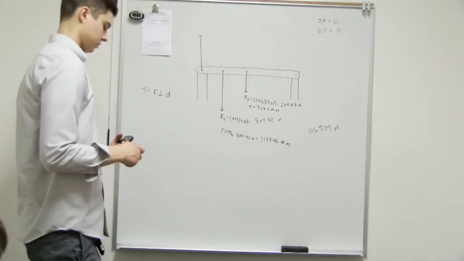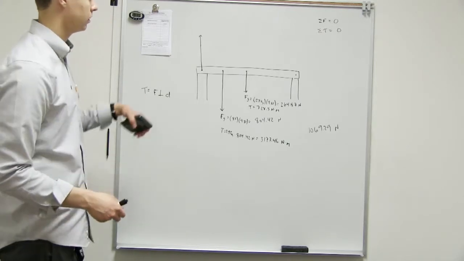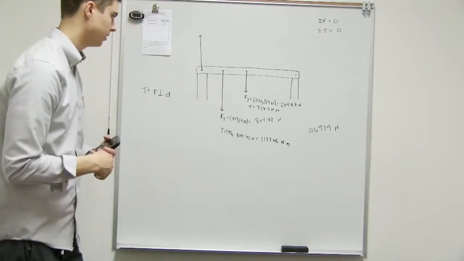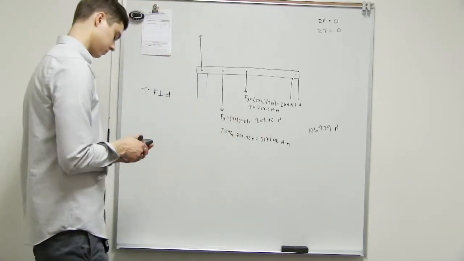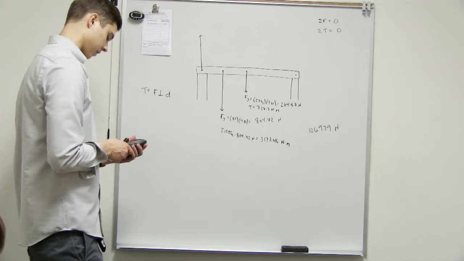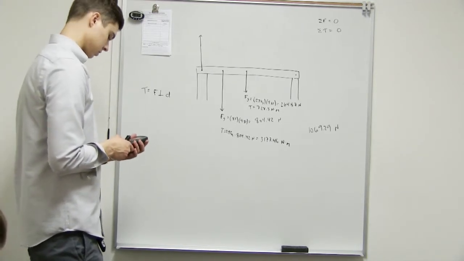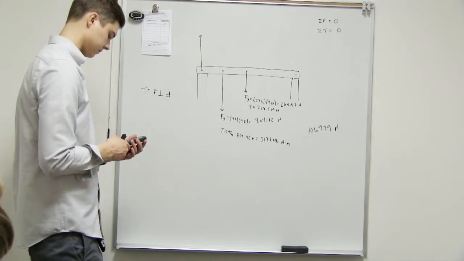So now we know that our total torque trying to push the board counterclockwise is going to be this number plus this number: 3177.46 plus 728.5.